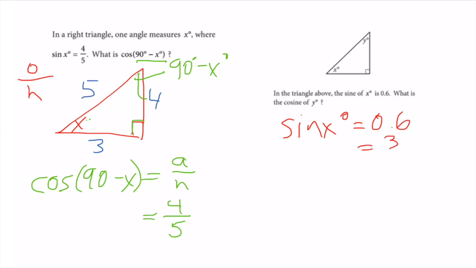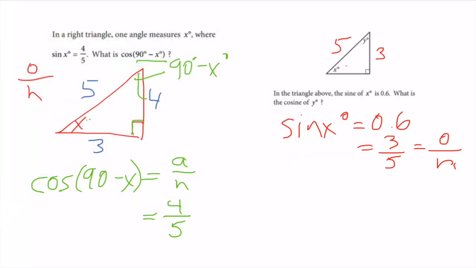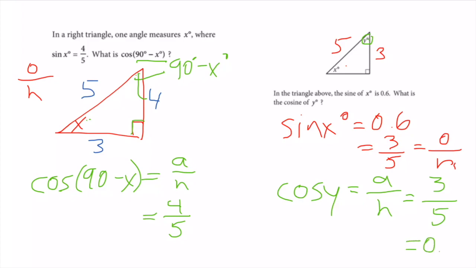I can write 0.6 as 3 over 5 to give me side lengths, which is the opposite over hypotenuse. So sine of x, the opposite is 3, hypotenuse is 5. Now if I go to the cos of y, adjacent over hypotenuse, the adjacent side to this angle is again 3, hypotenuse is still 5. So it's still the same thing, 0.6.